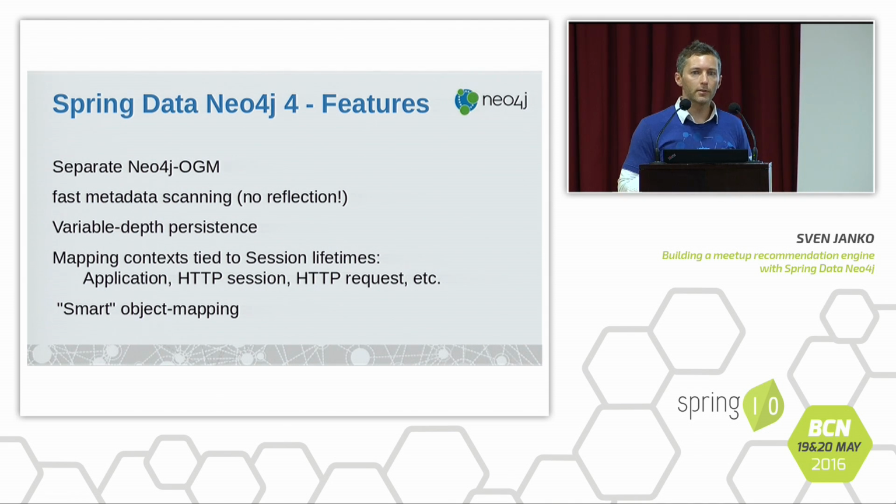And the last feature on that slide is smart object mapping, which means Neo4j and SDN is only storing those information which you have adjusted. So if you have once read your data from the database and then adjusted some properties in your application and then saying save, Neo4j and SDN in fact is knowing which parts of your data have been adjusted and then only sending those information to the database.